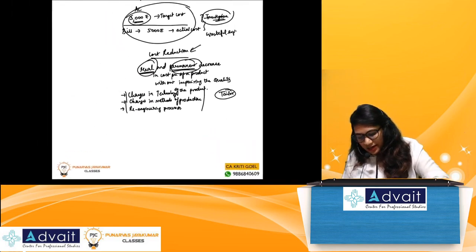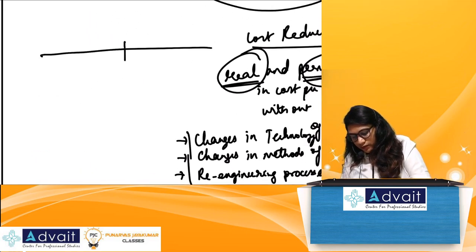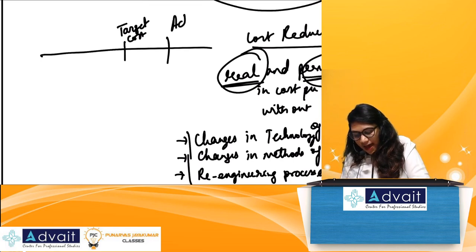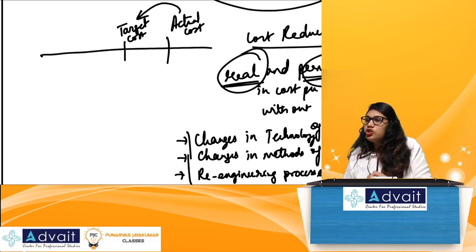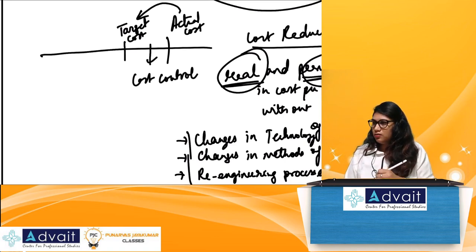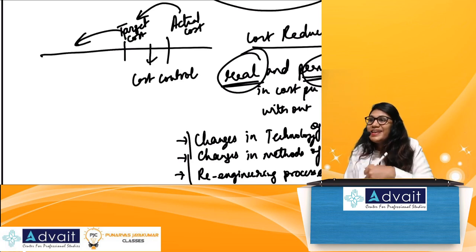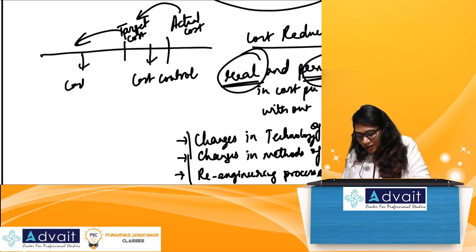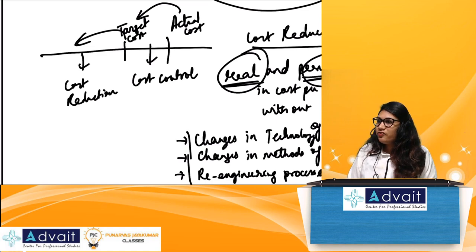So basically the bottom line is, if this is my target cost and this is my actual cost, bringing this actual cost down to target cost is cost control. Reducing the cost from target cost to something lesser is cost reduction. Did you all get the difference?